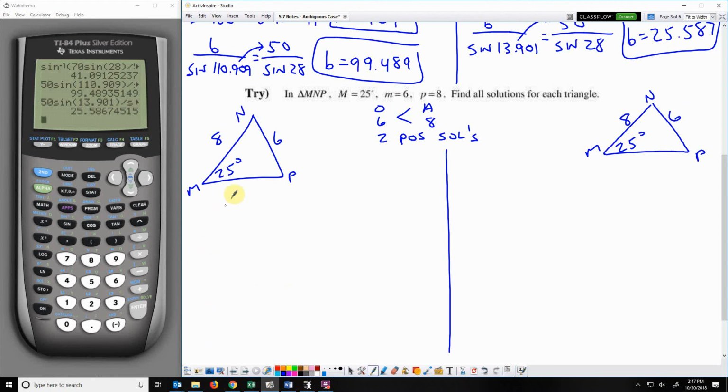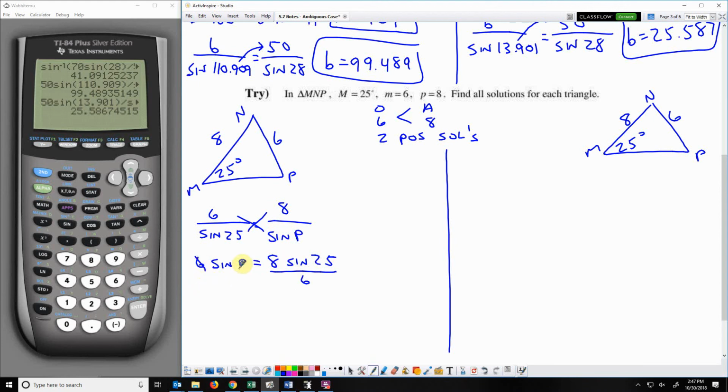And I'll begin by doing 6 over sine 25 equals 8 over sine P. Okay, so I do cross products, and I get 6 times sine P equals 8 times sine 25. I can get sine P by itself by dividing by 6.